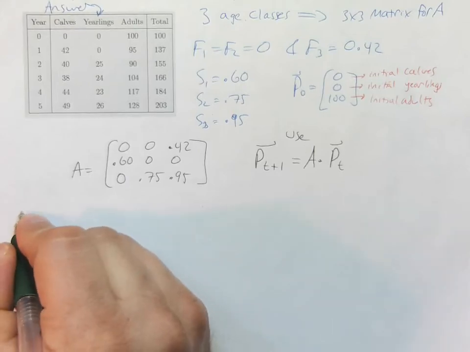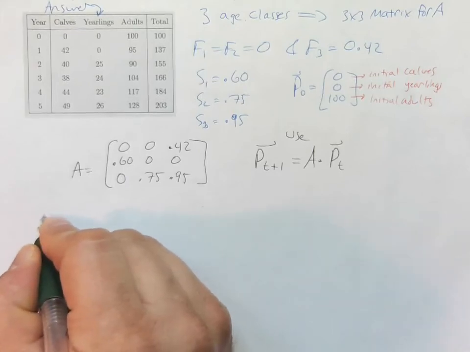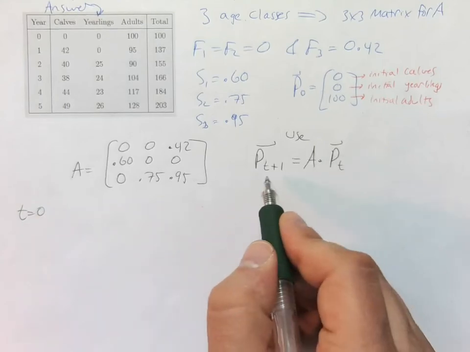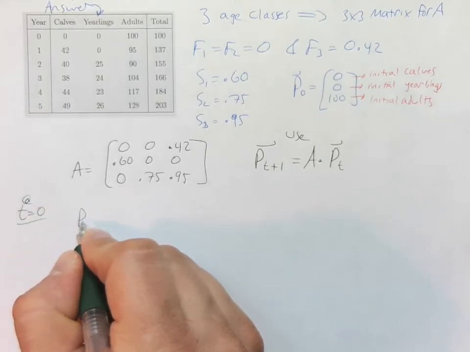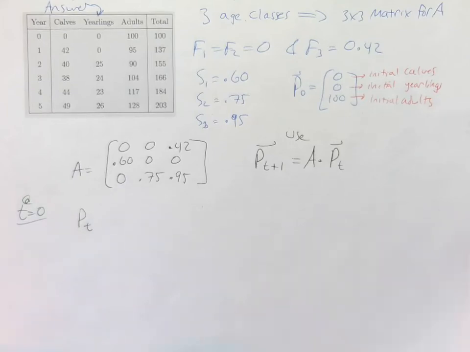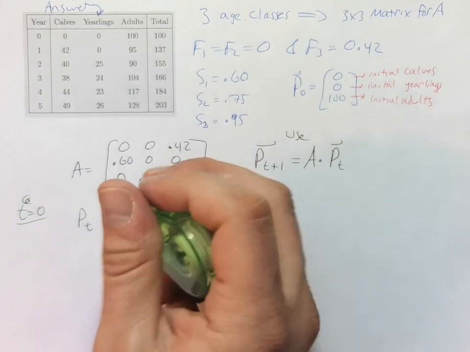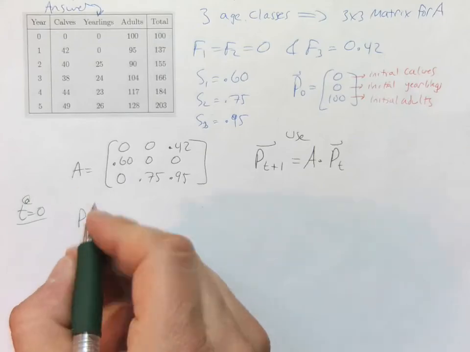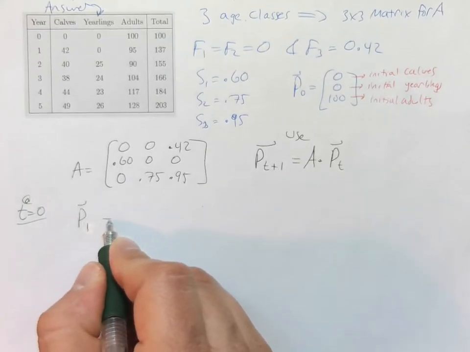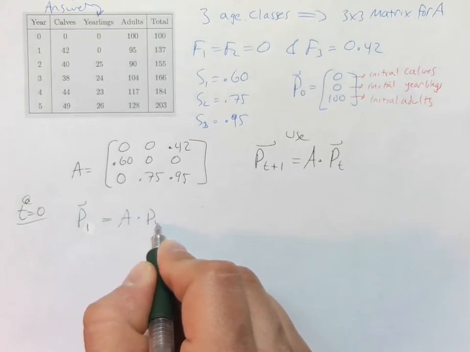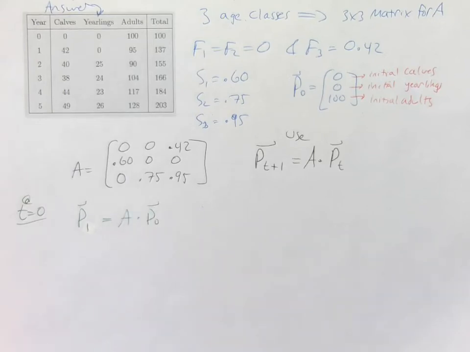When we plug in t equals 0 into this recurrence relationship, the relationship is the population at time 1. Sorry about that, I just meant to write a 1 there. If I plug a 0 in there, that becomes a 1, equals A times P0. And we have all that information.